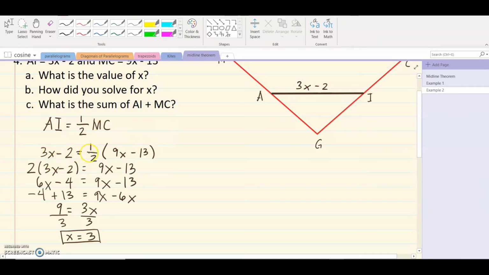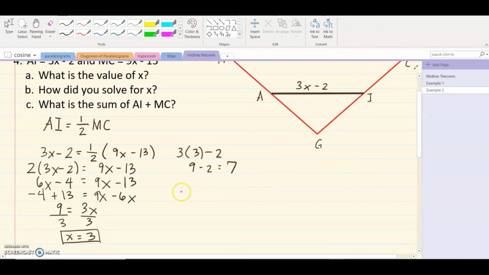So we just substitute first the value of x to the two unknown expressions. So we have 3x minus 2, so 3 times 3 minus 2. So 3 times 3 is 9 minus 2, so that is 7.